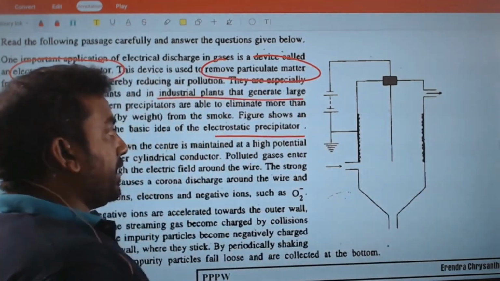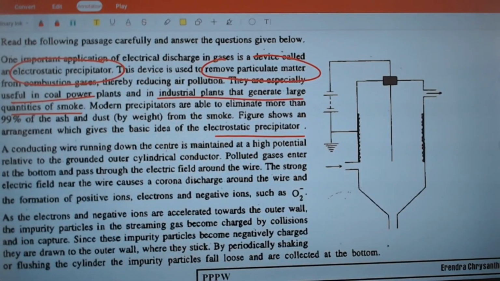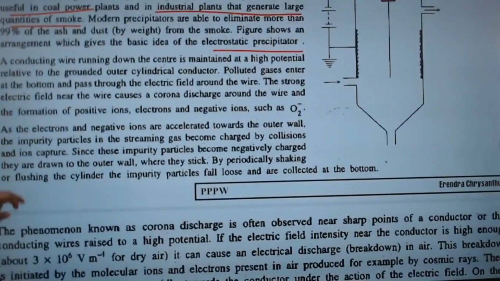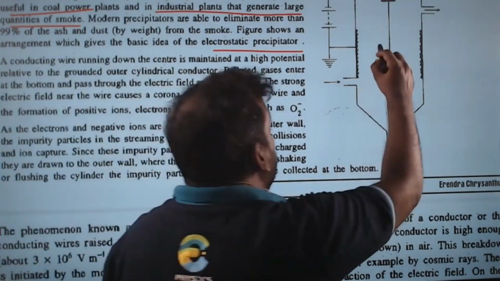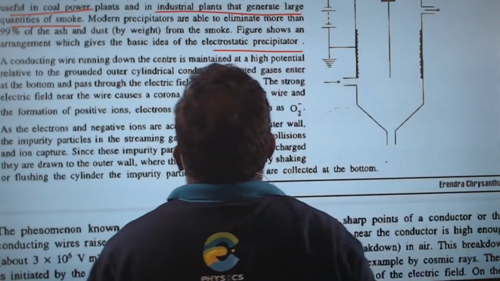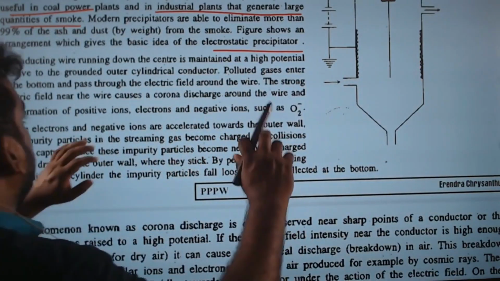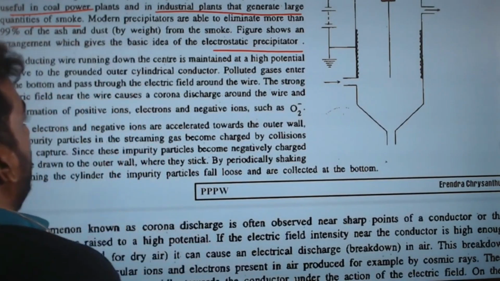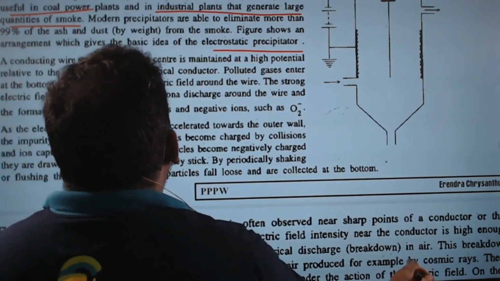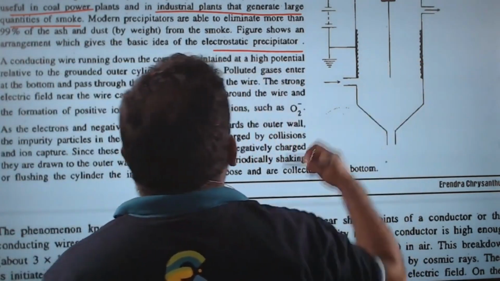Here we go, electrostatic precipitator. So here, a conducting wire running down the center is maintained at high potential. So this wire here is maintained at very high potential relative to the ground, the outer cylindrical conductor. Polluted gases enter at the bottom and pass through the electrostatic field.